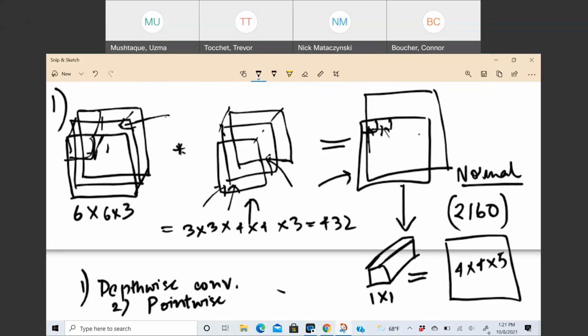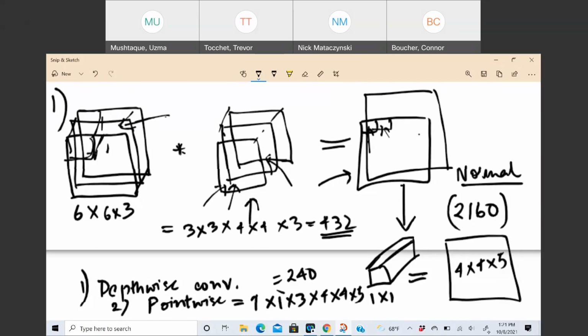They're separated because in the normal one we have them together, but this trick works because in the point-wise one I have a 1-by-1-by-3 filter, and 4-by-4-by-5 is my output. If I compute this, it equals 240 computations. So the total number of computations is 432 plus 240, which is way, way less than 2160.